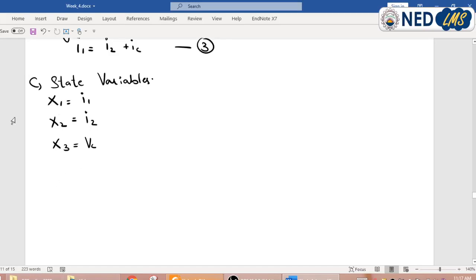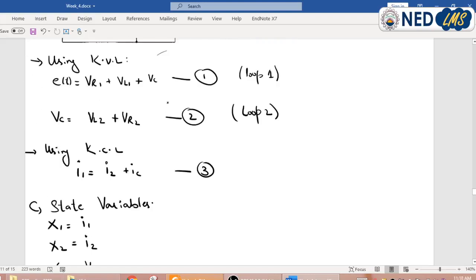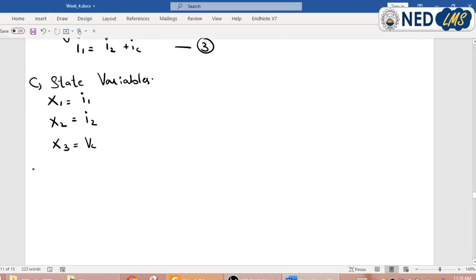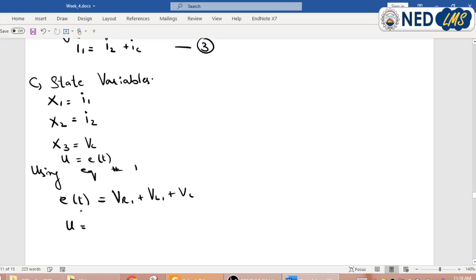x1 equals I1, which is inductor 1 current, x2 is I2, which is inductor 2 current, and x3 is VC. These are the two inductor currents, and this is our third, the capacitor voltage, because inductor stores energy by virtue of current and capacitor stores energy by virtue of voltage. So using equations 1, 2 and 3, we can write all the x1 dash, x2 dash and x3 dash state equations. x1 dash will be dI1. Using equation number 1, e of t equals VR1 plus VL1 plus VC. So this is my input variable u. VR1 can be written as I1 into R1, plus L1 dI1, plus VC.